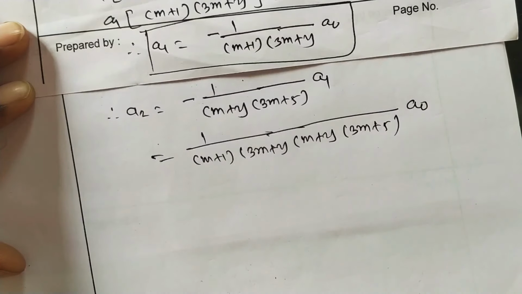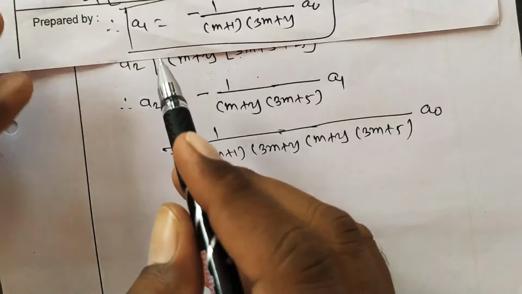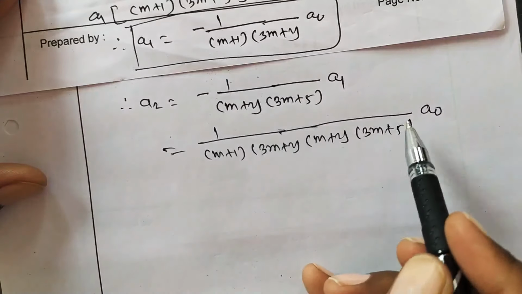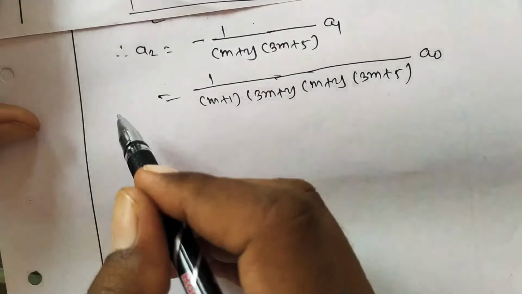So this is the value of a2. Now we have a1 in terms of a0, and a2 in terms of a0. Similarly we can also find a3 in terms of a0, but there is no need to find a3.